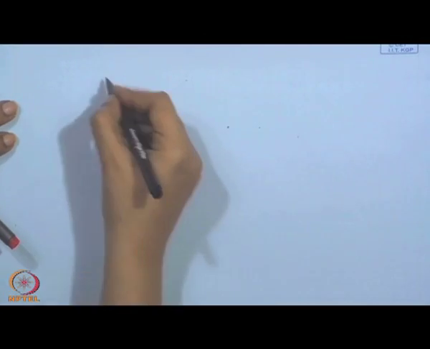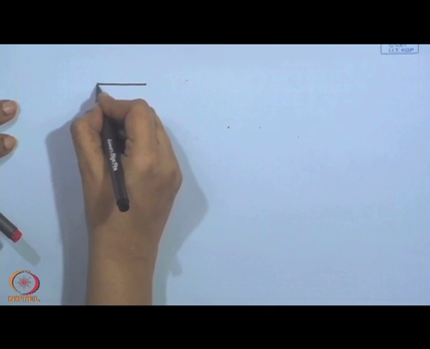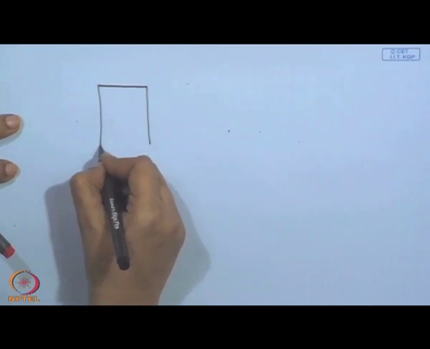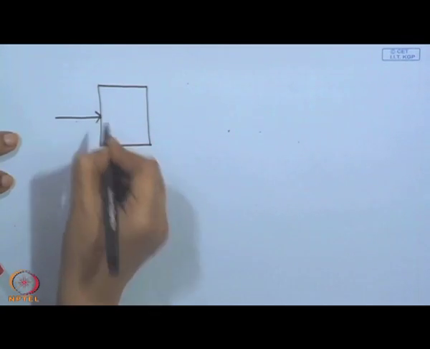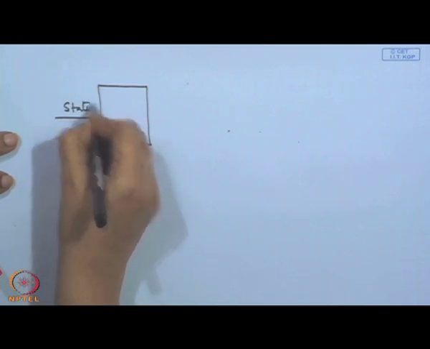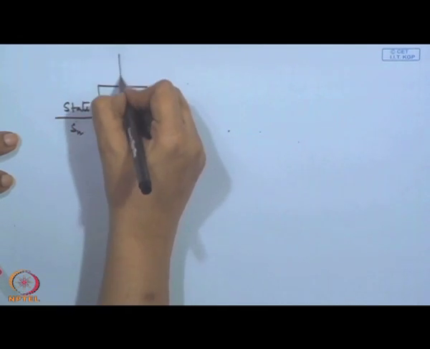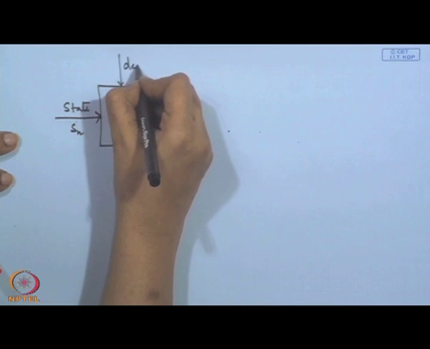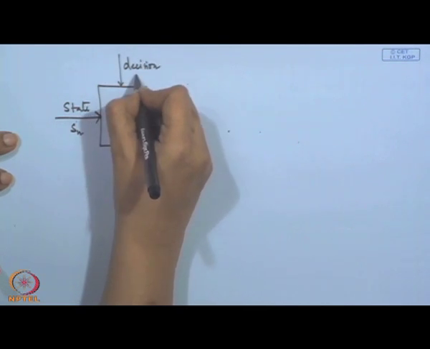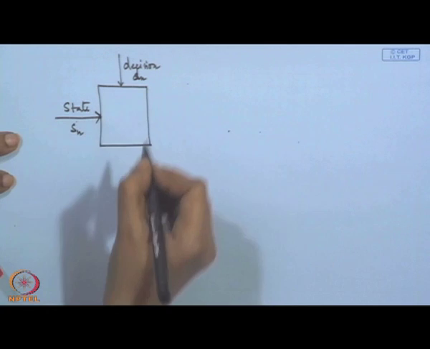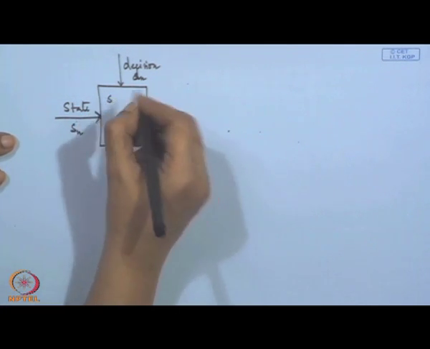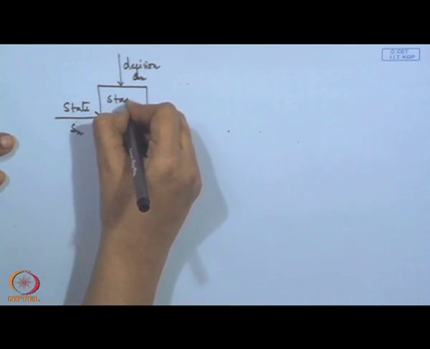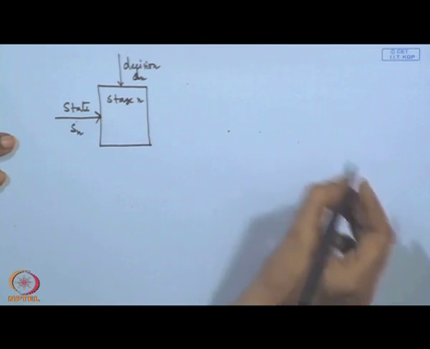Now, if I draw the figure of a multi-stage decision making process, we would see that the state Sn and the decision Dn are the inputs for stage n.